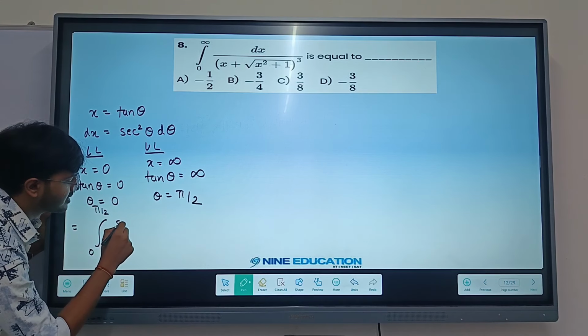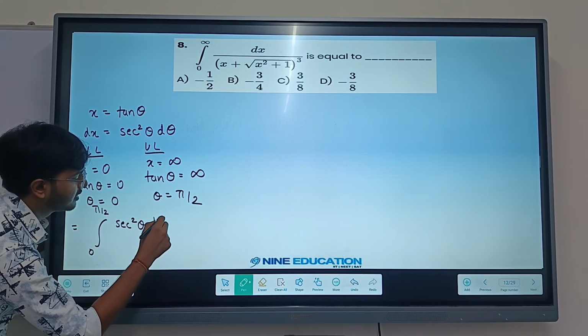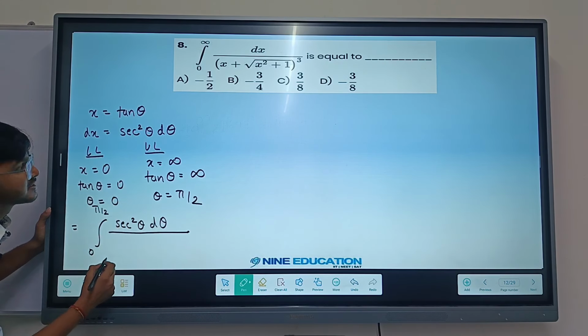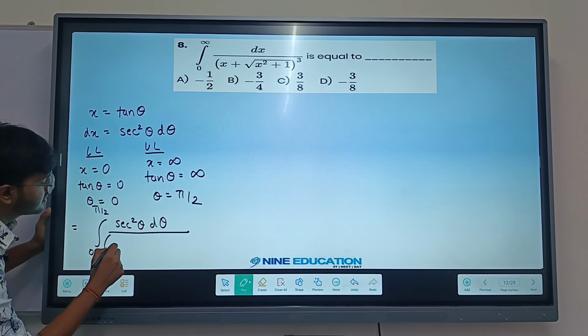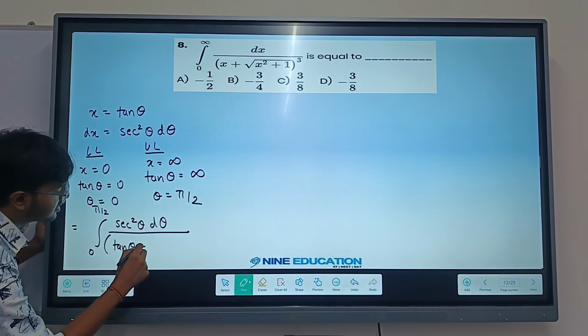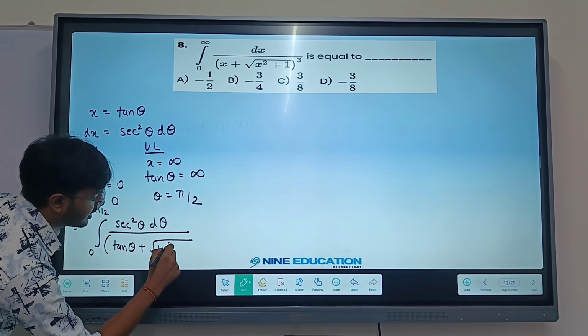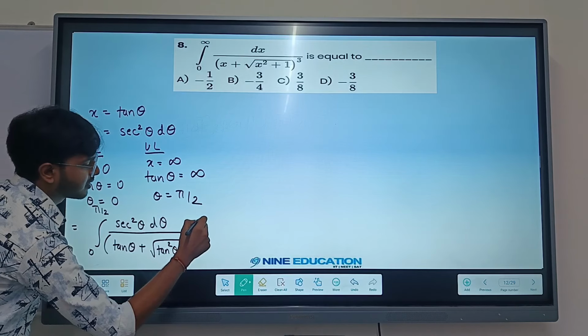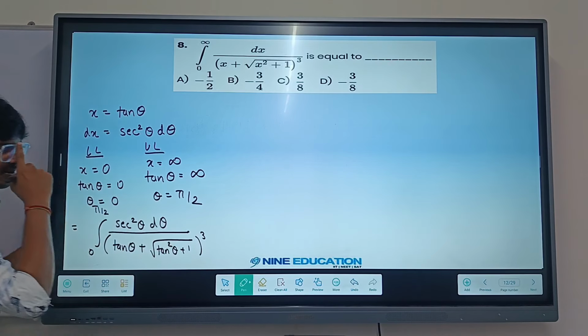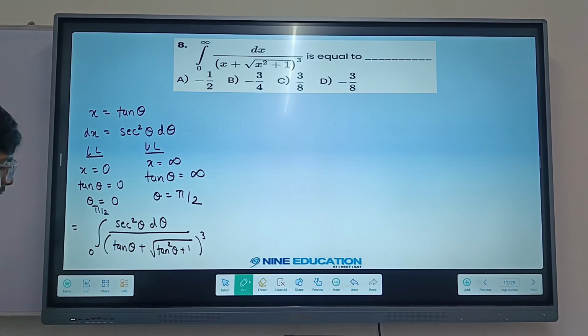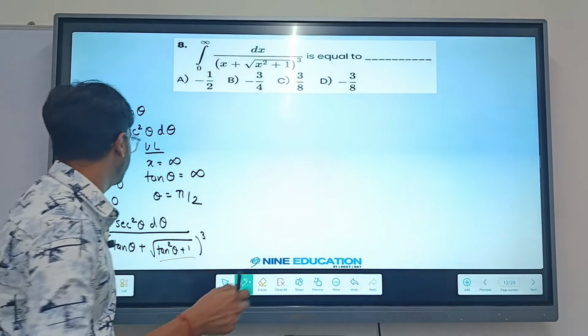dx will be secant square theta d theta divided by x. What is x? x is tan theta plus under root of tan square theta plus 1, denominator whole cube. Now tan square theta plus 1 is secant square theta.